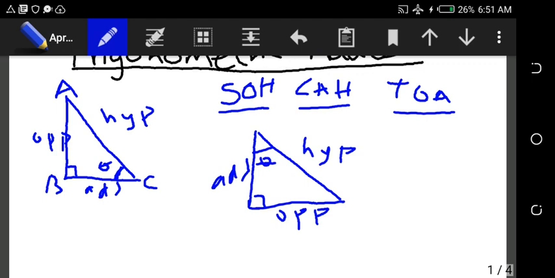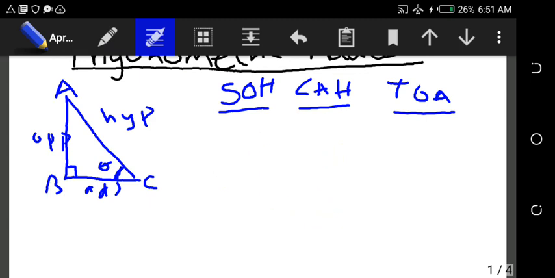All right, now having said that, it's now left for us to decipher the formulas for our sine, cosine, and tangent. Now using our SOHCAHTOA, let me clean up this a bit.